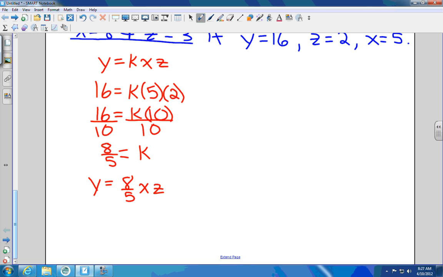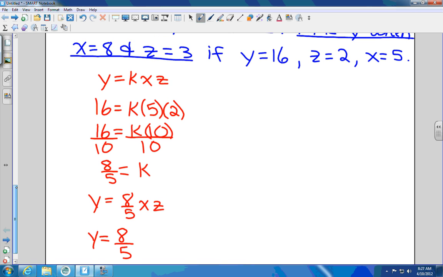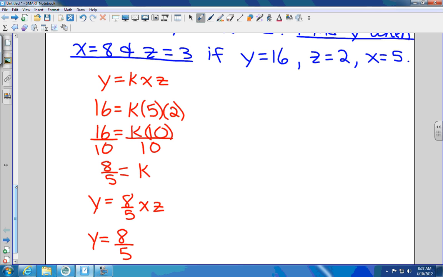So now we're on the find part. What they want us to put in for x to find y is 8 and z is 3.